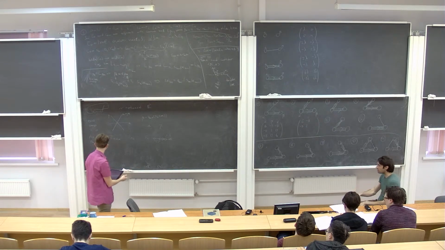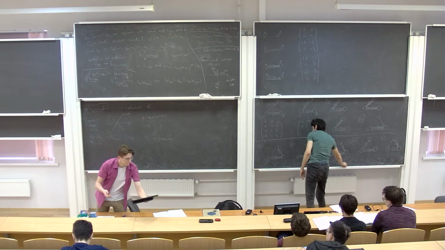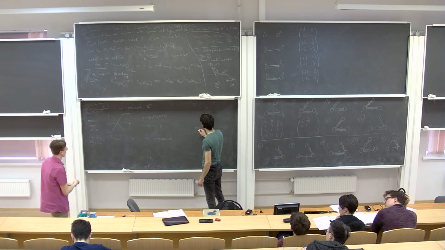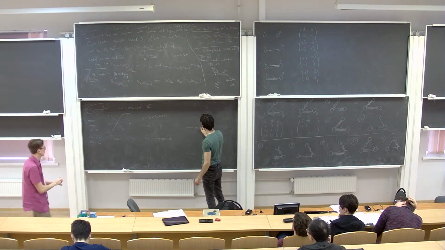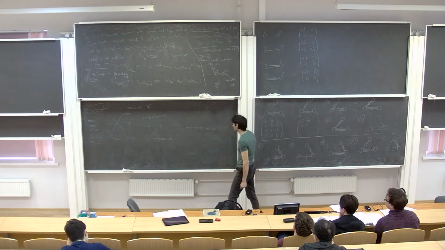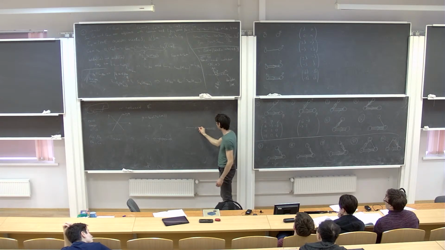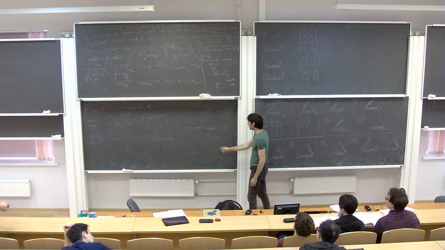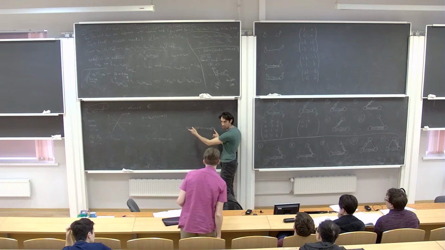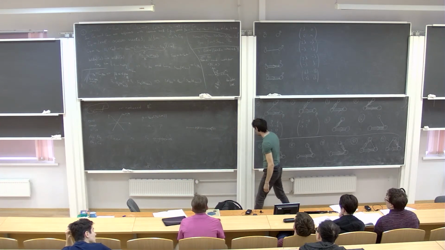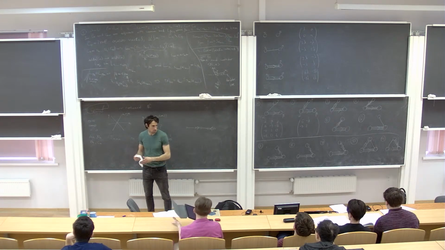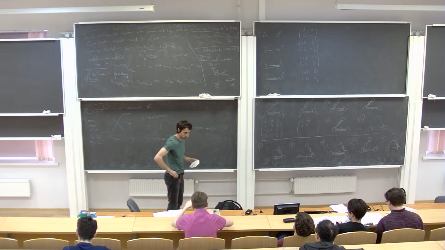This would not be true if we had some Dynkin diagram like this, which would be a better example. Then these have the same length, but they're not conjugate. Okay, right, so that's it. The 7.